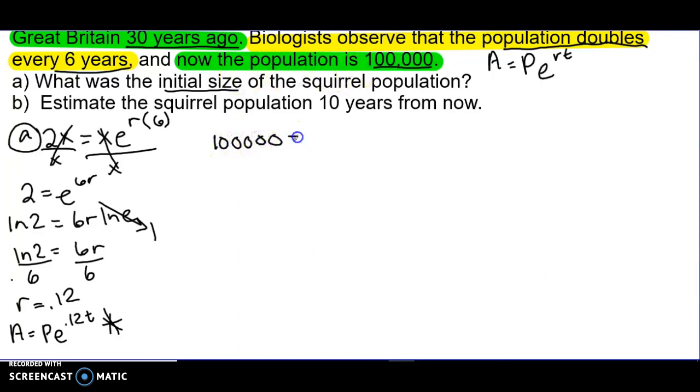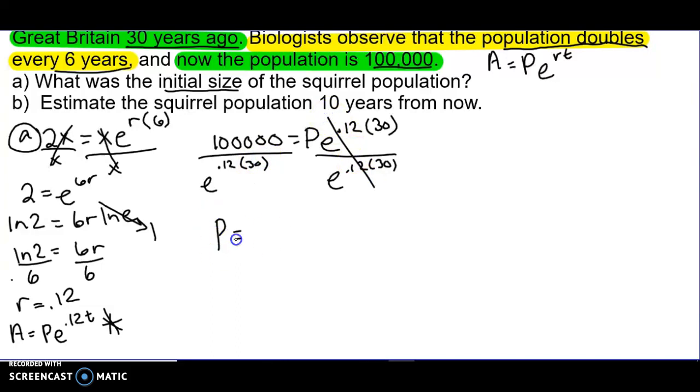So population equals, I don't know what my initial size is, so I label it P, times e to the rate I found, 0.12, times my time, 30 years. Now I need to solve for this. I'm going to divide both sides by e to the 0.12 times 30, so I can get P by itself.